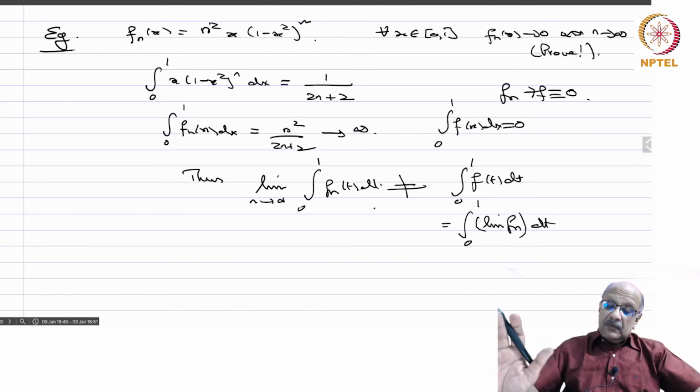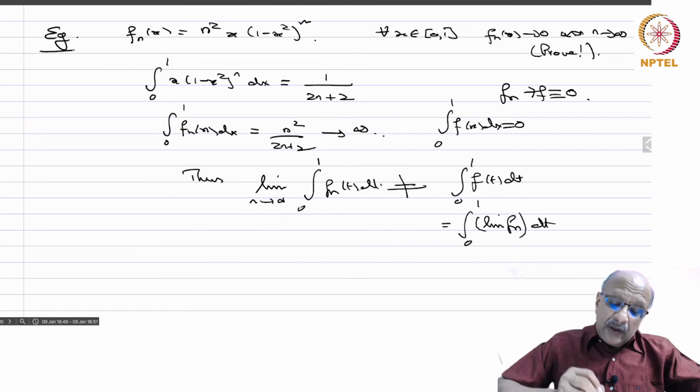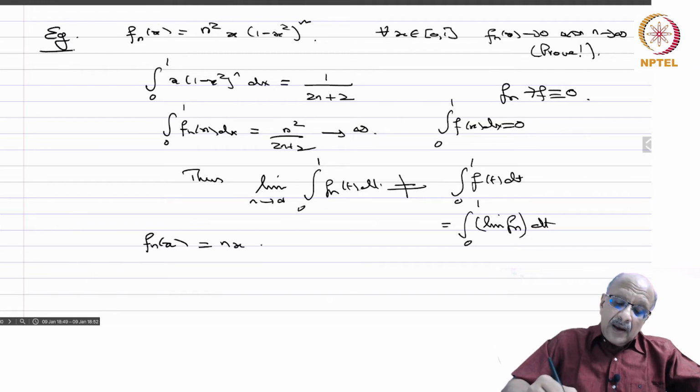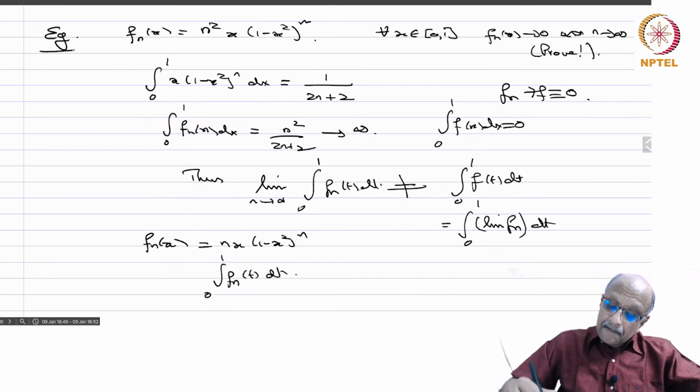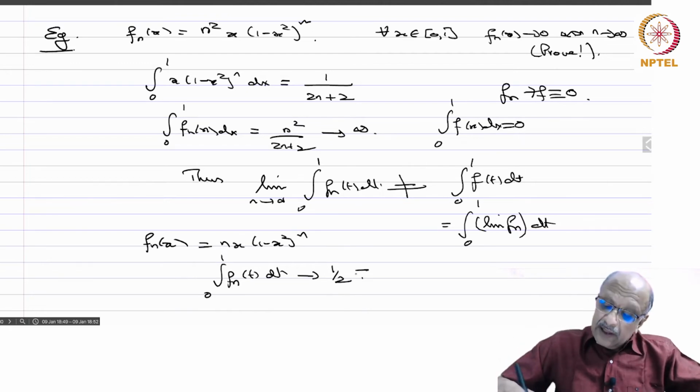Okay, so this is a major thing. Here of course it went to infinity, but let us take for instance f_n(x) equal to nx times (1 minus x squared)^n, then the integral of f_n(t) dt will converge to 1/2. Okay, and that's again still not equal to 0.